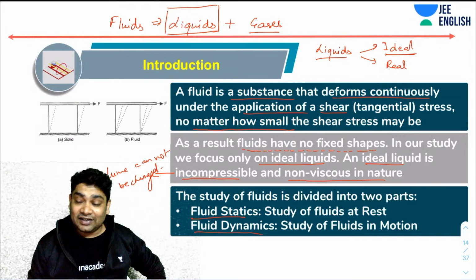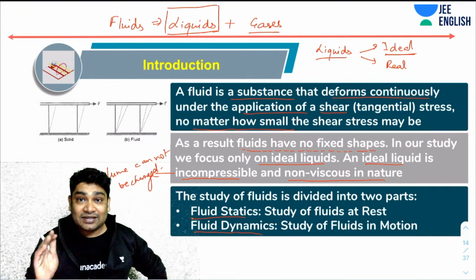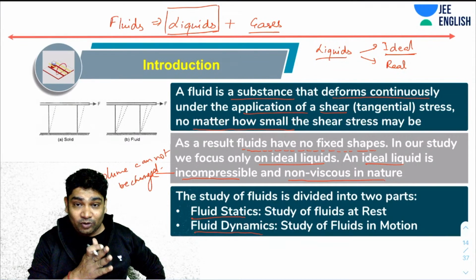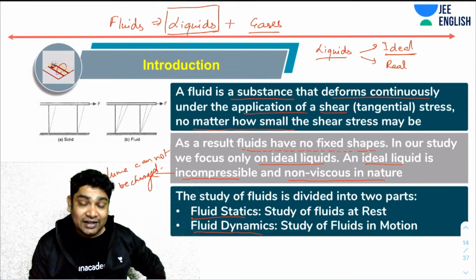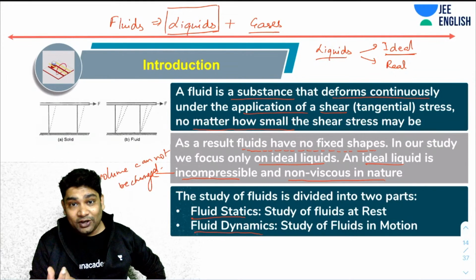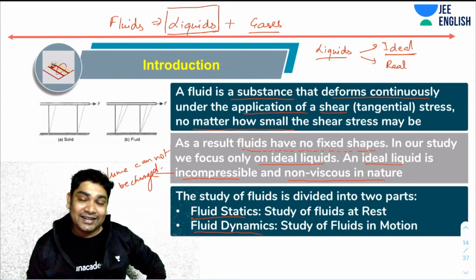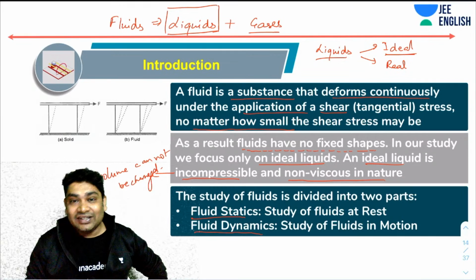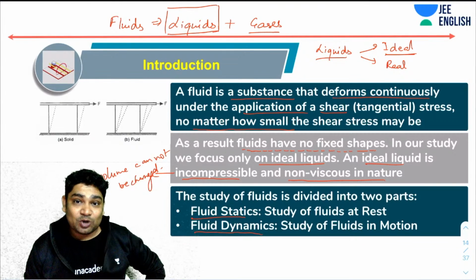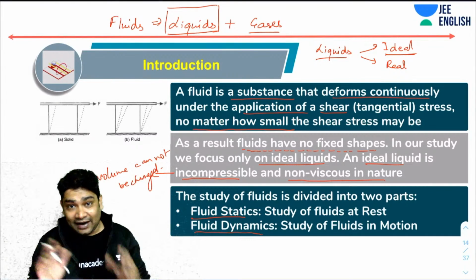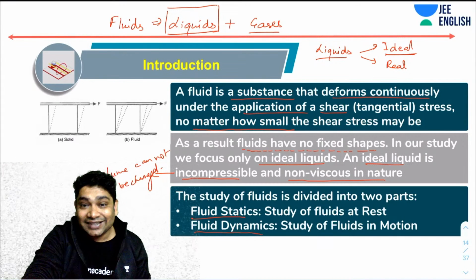So when we talk about fluids, there are two kinds generally: liquids and gases. First, we will focus only on liquids, and in liquids, only on ideal ones, and then we will divide the study of ideal liquids into two parts: statics and dynamics. Right now, we will start with fluid statics.